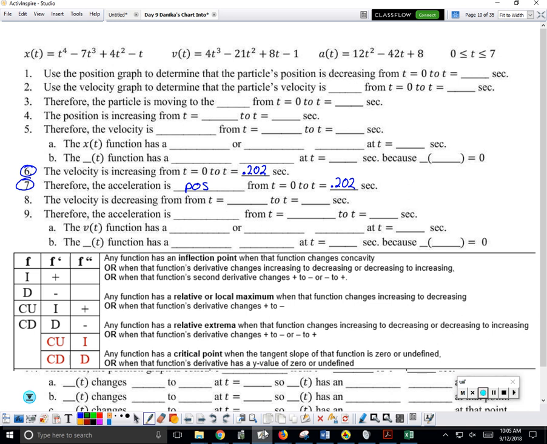So who has this filled out? Show me. Who's got this written down? So let's fill it out.